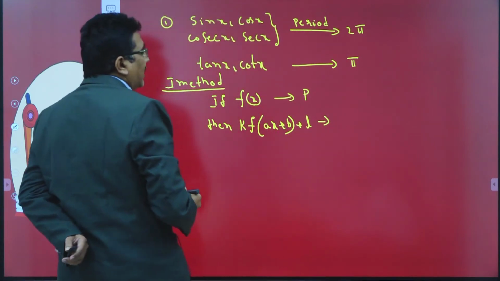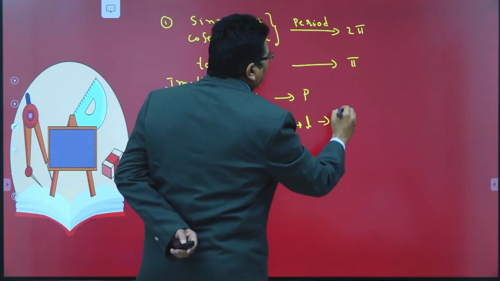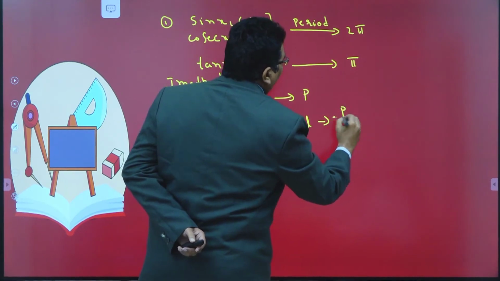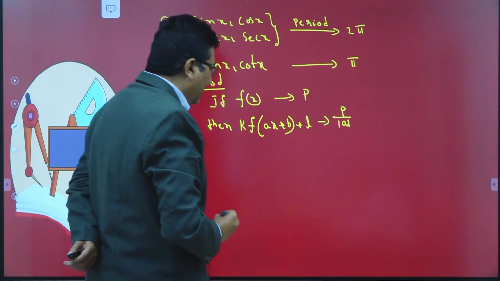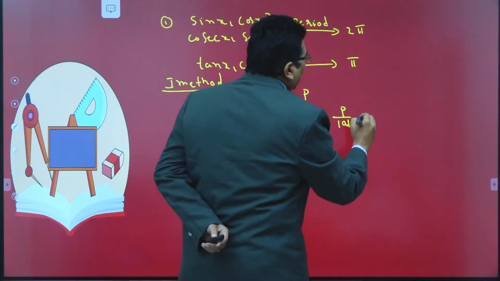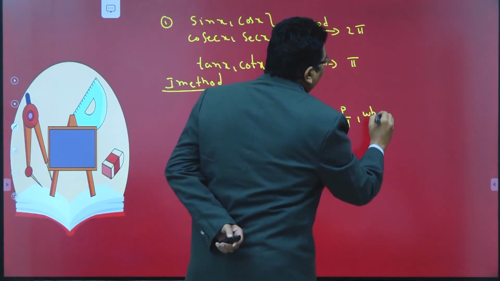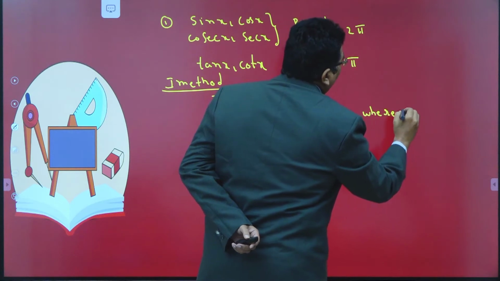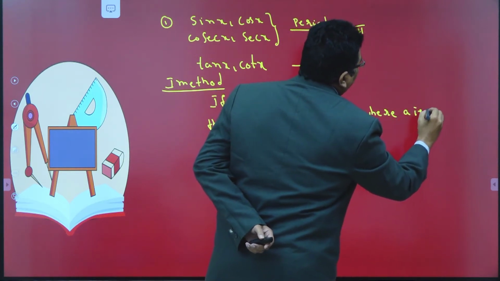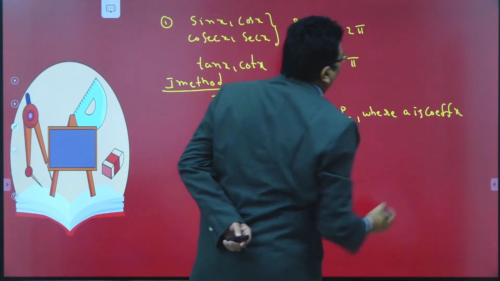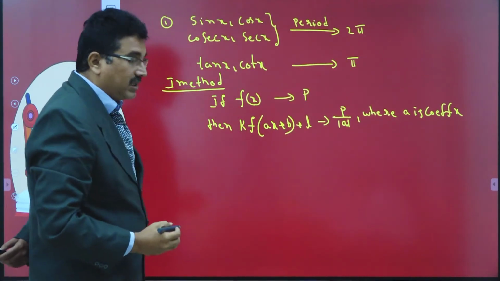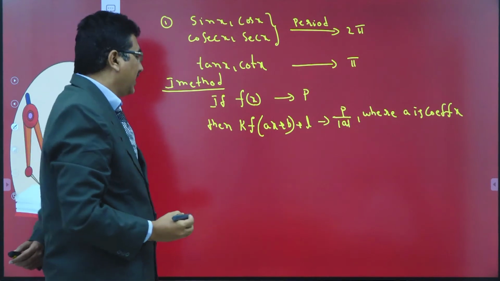That is, the period of this function is p by mod a, where a is the coefficient of x. This is the first method.